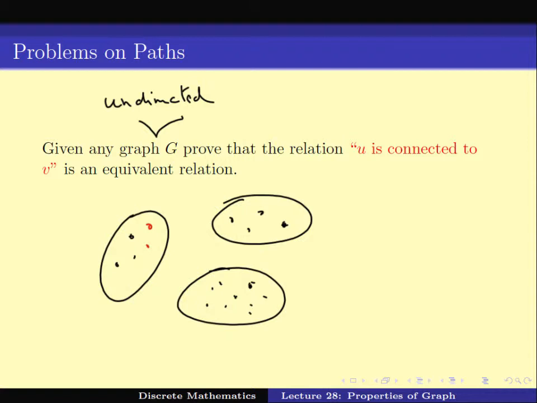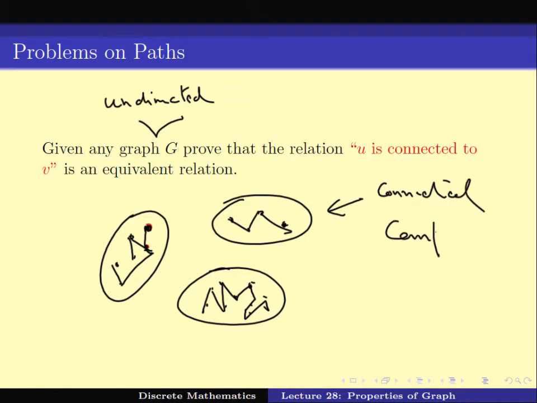These are the equivalence classes, and what it means is that these are all connected graphs. You can go from any vertex to any vertex, but you cannot go from one connected component to the other. These are called the connected components. So thus, if the graph is undirected, then the whole graph can be split up into connected components, where individual components are connected, and across components there is no way one can go from one to the other.